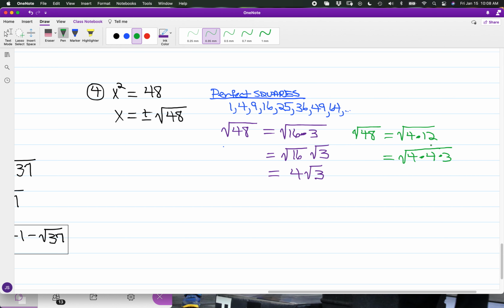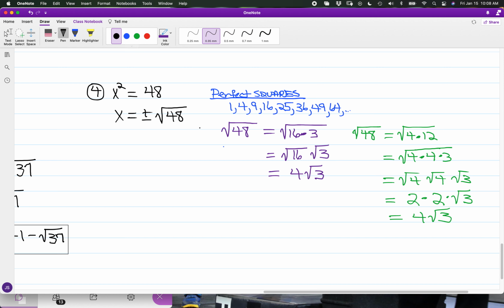So 12 factors out to 4 times 3. So the square root of 4 times the square root of 4 times the square root of 3. The square root of 4 is 2, the square root of 4 is 2, and times the square root of 3. And so you still come out to 4 times the square root of 3.